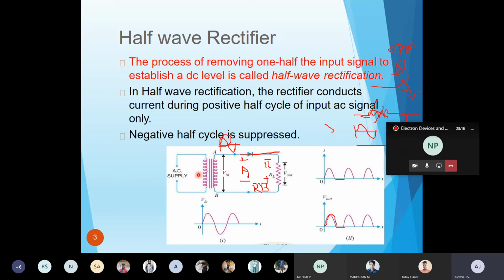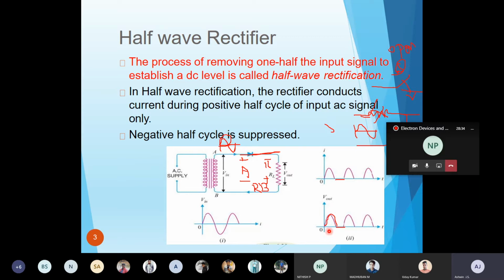Once I'm giving the input waveform as a sinusoidal, during the positive half the anode will be positive and the cathode will be at ground. Due to the higher amplitude at the anode, it will start to conduct, so the same input I am giving, the same output I will get.